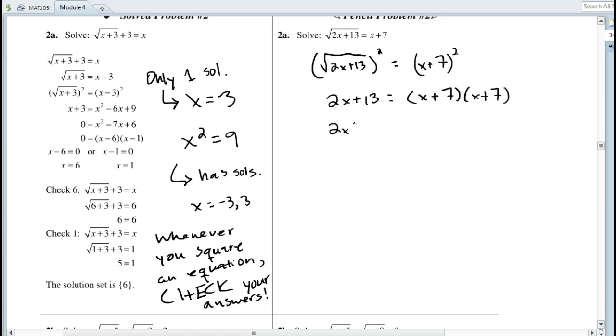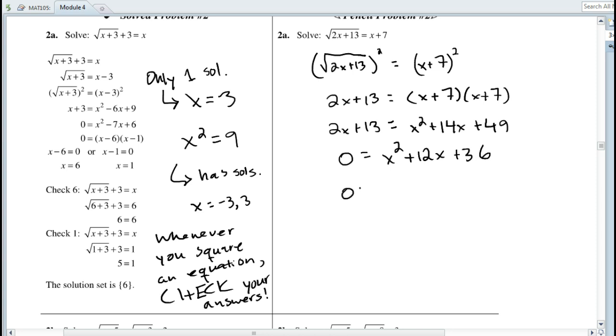So we'll have 2x plus 13. This will equal x squared plus 14x plus 49. So let's move the 2x and the 13 from the left side to the right side and combine our terms. So we'll get 14x minus 2x, which gives us plus 12x. Then we'll have 49 minus 13, which gives us positive 36.